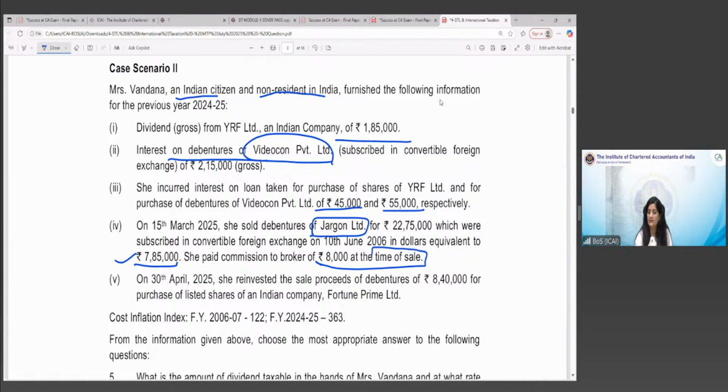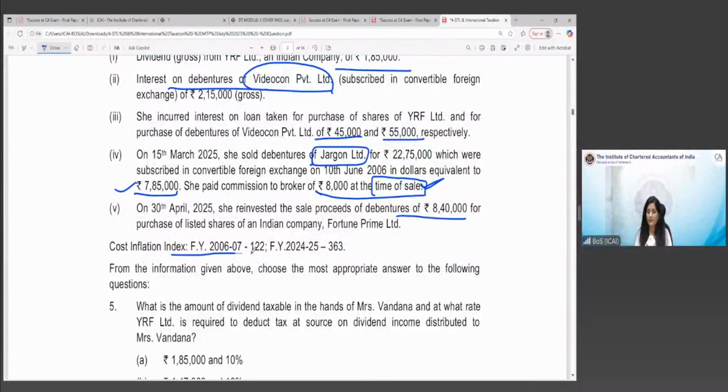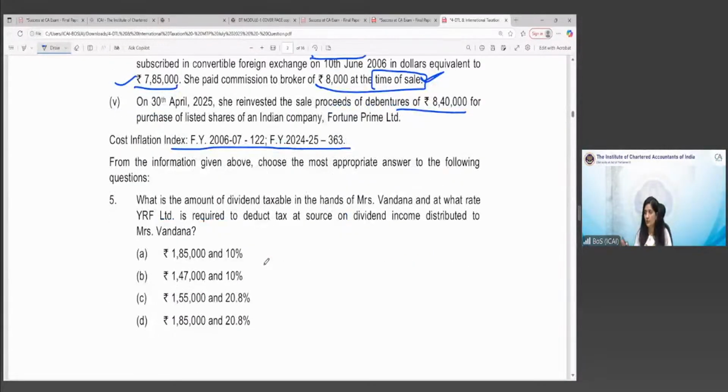You have to see it's given at the time of sale. On 30th April, she reinvested the sale proceeds of debentures for 8,40,000 for purchase of listed shares of an Indian company, Fortune Prime Limited. Some cost of inflation figures are given to you. Then simple. Let's move to the question again.